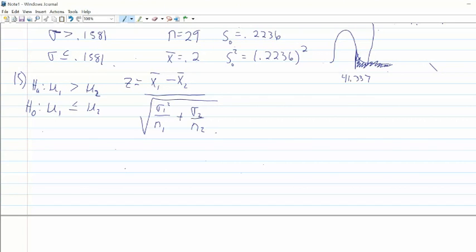We were given that sample 1, we'll call that n sub 1, was 61. It had a mean of $79.60. So that's going to be x bar sub 1, $79.60.